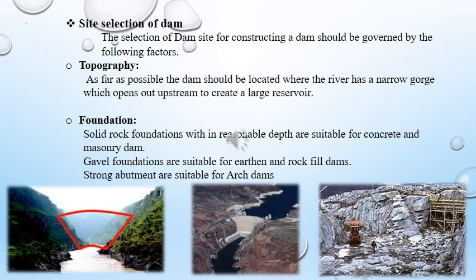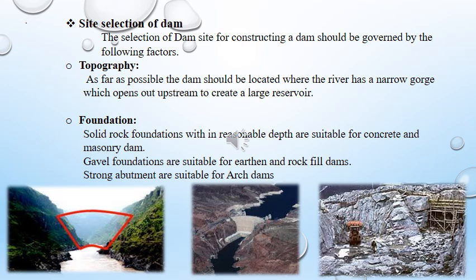At the selected site, the river gorge should be narrow so that the length of the dam will be minimum, since the cost of the dam varies directly with its length. Such a gorge should, however, open out on the upstream side to store the maximum water in the reservoir.